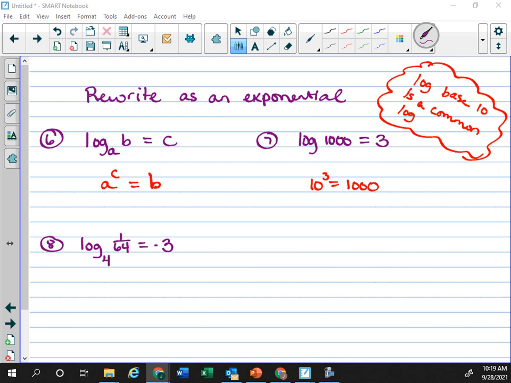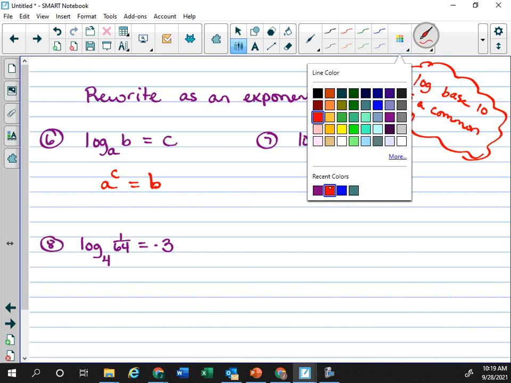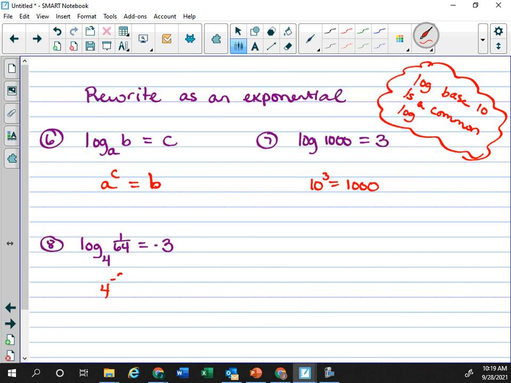All right, guys, what do you think? Perfect, yeah. 4 to the negative third equals 1/64. Do we feel okay converting that to exponential? Give thumbs up, sideways, or down. Okay. All right. Good.